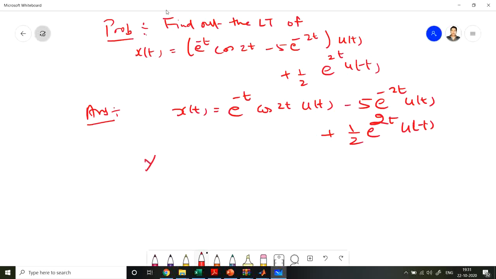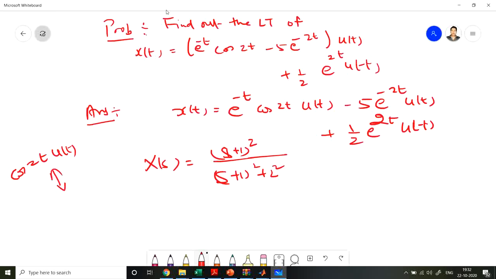Now the Laplace transform of the first term is (s plus 1) divided by (s plus 1) squared plus 2 squared. Please check this, because the Laplace transform of cos 2t into u(t) is s divided by s squared plus 2 squared.